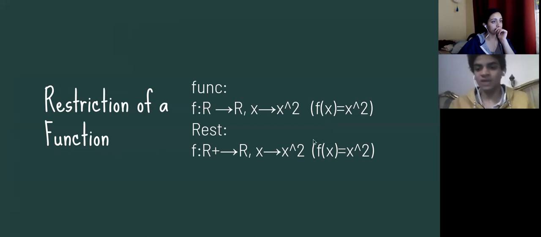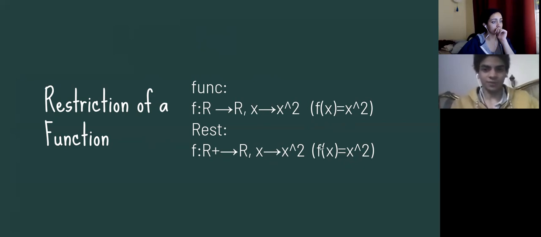What I'm changing is what values can be inputted to x. In the first case, I can have x equals 2, -2, negative pi, or whatever. In the second case, however, I can only have positive values for x. So you can already see that I'm just changing my domain. Instead of allowing x to be positive or negative, I'm saying x has to be only positive.